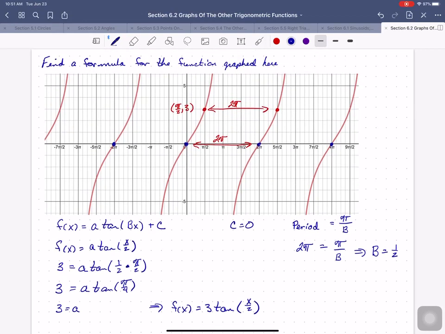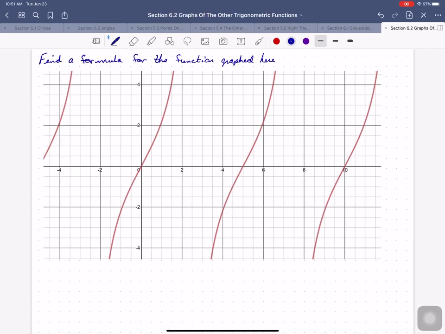Okay, let's try another one. Same thing, but this time we're looking at this curve. All right, so what do we know? Well, the first thing we notice is we can again count our x-intercepts, and we see that we have a distance of 5.